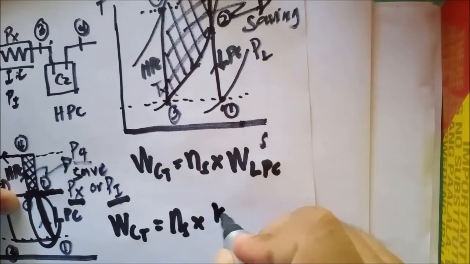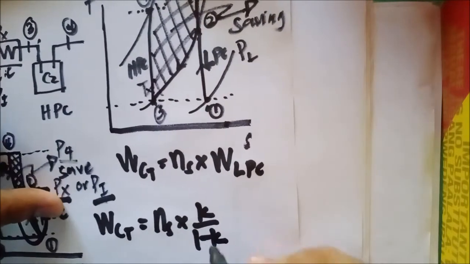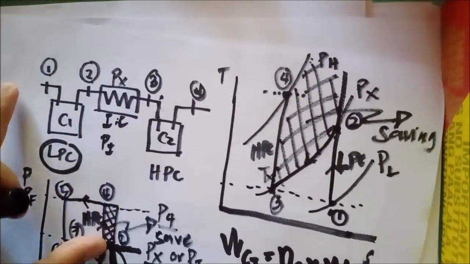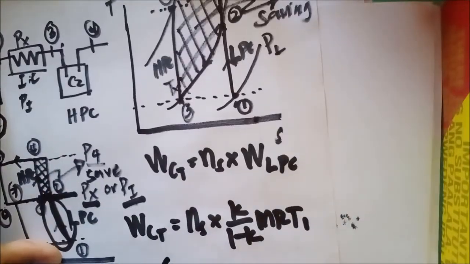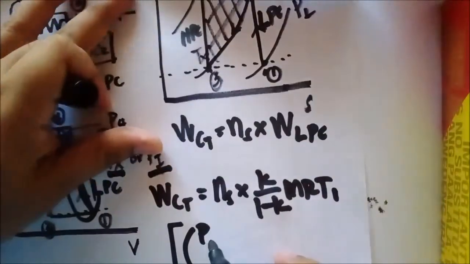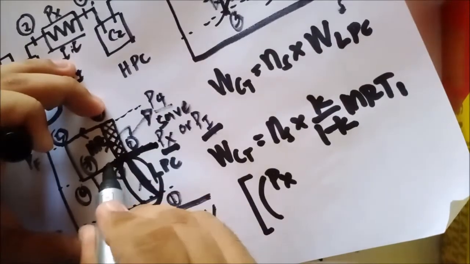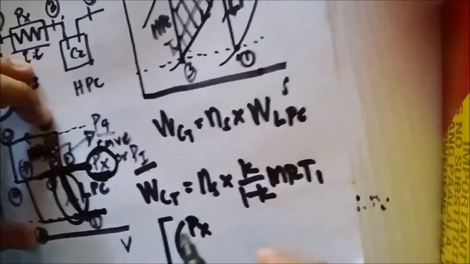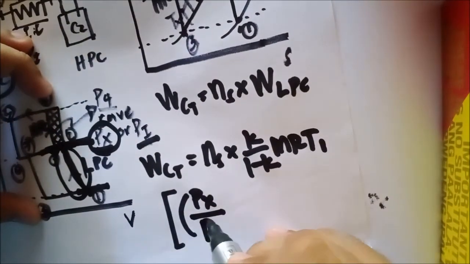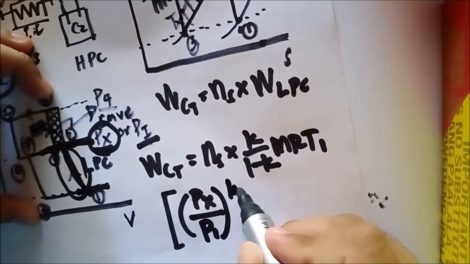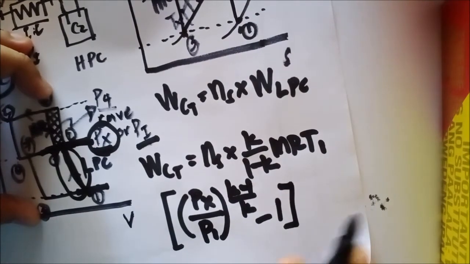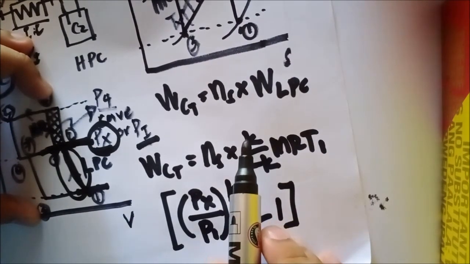So K over 1 minus K times MRT1, which is the temperature at point 1, times Px, because the exit pressure from point 1 to point 2 is Px. That is why Px over P1 to the K minus 1 over K. So when you are given a value of n, then just substitute K with n.